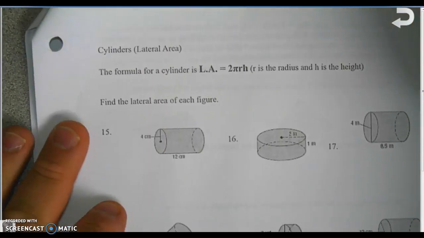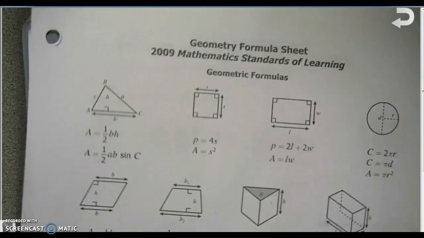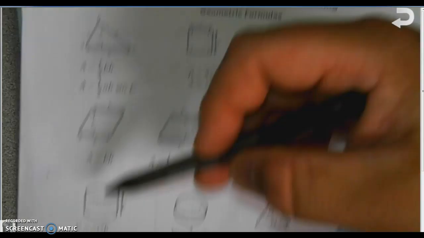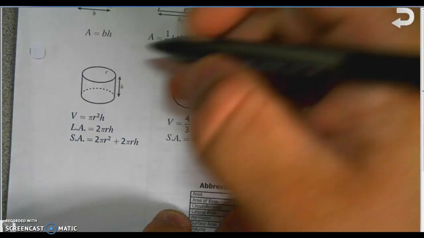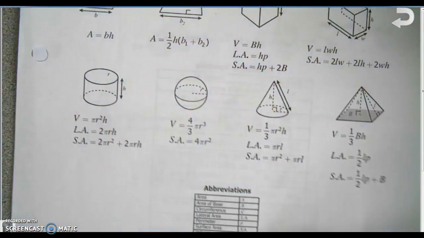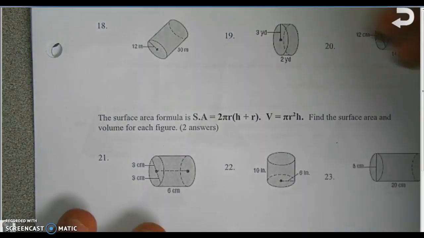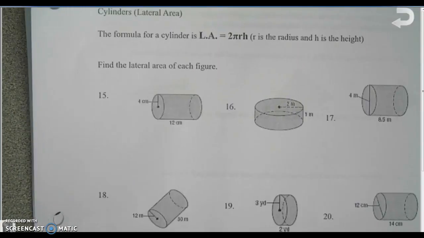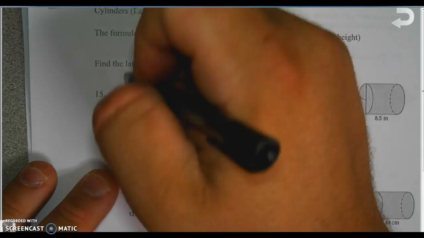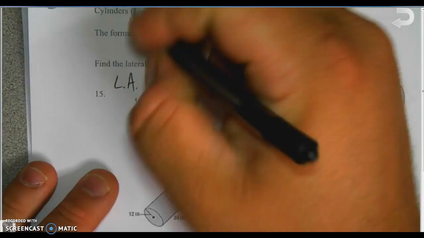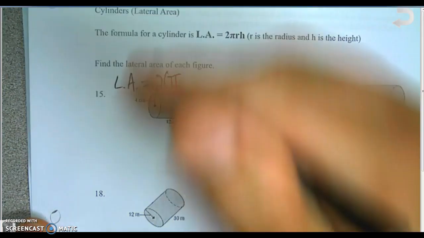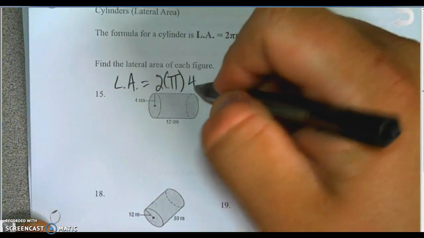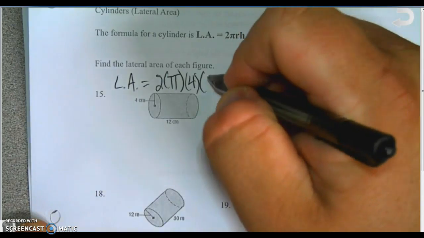Lateral area of a cone, again, or a cylinder. Again, it's right here. Lateral area, 2 times pi times r times h. For all of our purposes, we're going to use pi as 3.14. When you do these problems, lateral area is equal to 2 times pi times the radius, which is 4, times the height, which is 12.